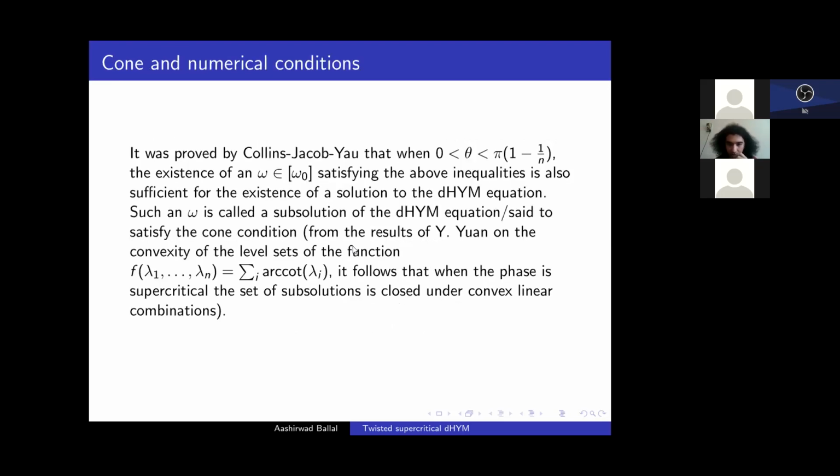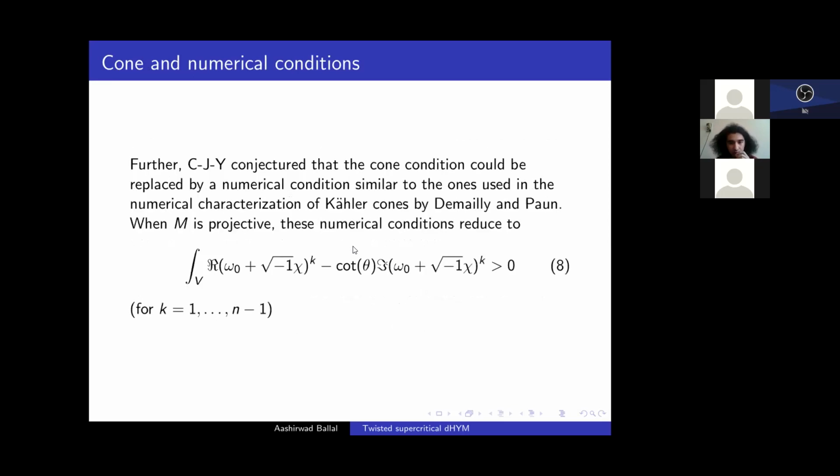Yeah, so that's the Cohen condition, and Collins, Jacob, and Yau showed that the Cohen condition is equivalent to the existence of a solution when theta is in this range. But this is not the full supercritical range, so that problem was still remaining.